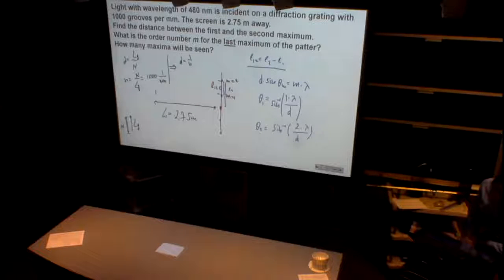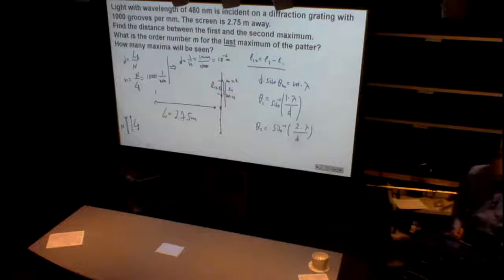Just flip it over. So d will be 1 millimeter divided by 1,000, which makes it 10 to the negative 6th of a meter, 1 micrometer. And the wavelength is equal to 480 nanometers. And now we can calculate angle number 1, angle number 2.